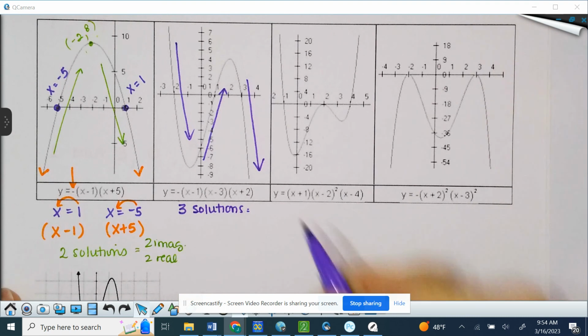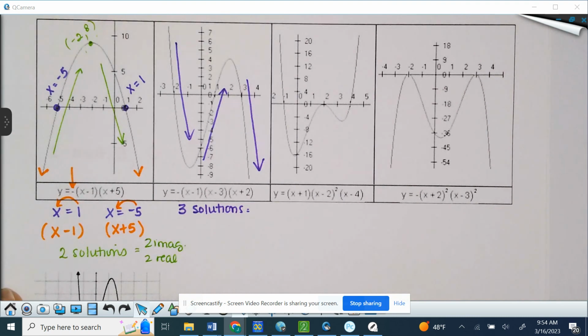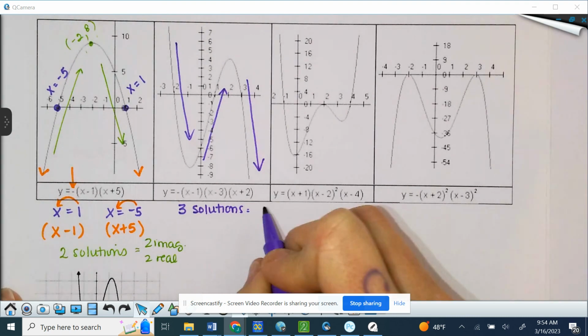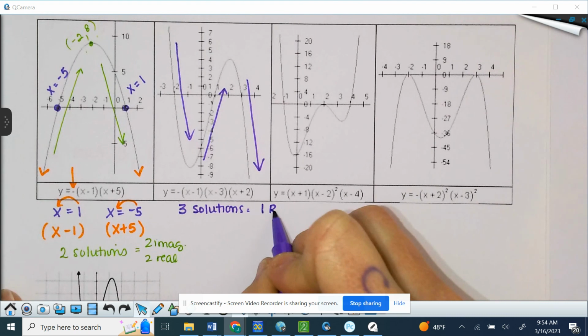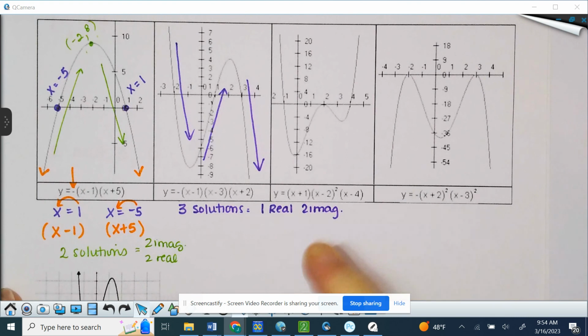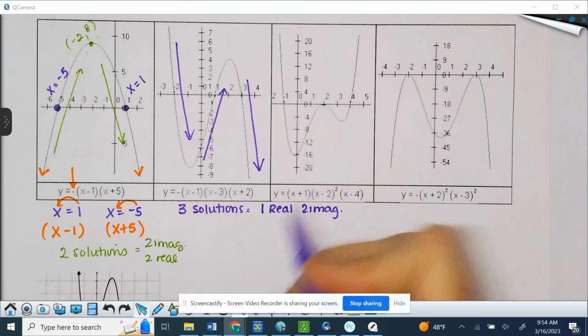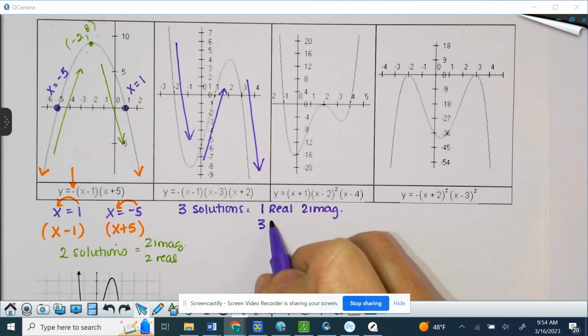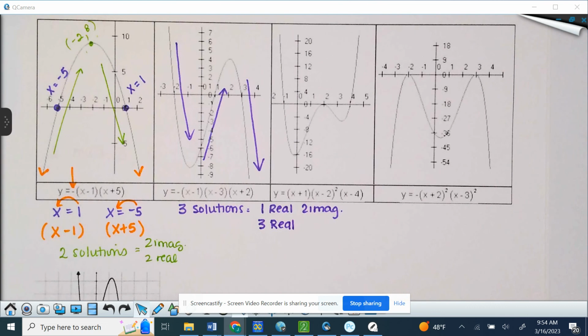And then the combinations of those could be 1 real to 2 imaginary, because then that's you and your imaginary friend, so we're good there. We could not do 2 real because that leaves me with 1 imaginary option, and then my other choice would be 3 real. And those are the only combinations that would work. And I know I've said it 3 times already, but imaginary has to travel in pairs.